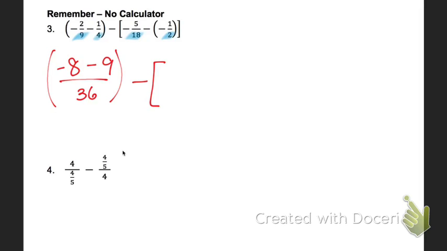The 5 over 18 becomes what? 10 over 36. And the minus and negative becomes plus. Then 1/2 becomes what? Good. See, that wasn't that bad.